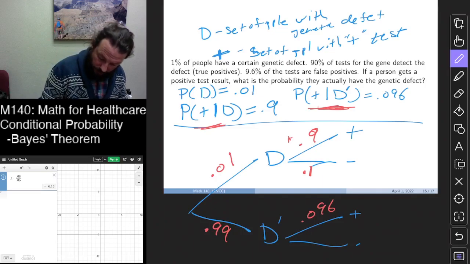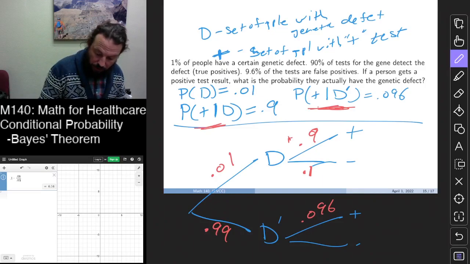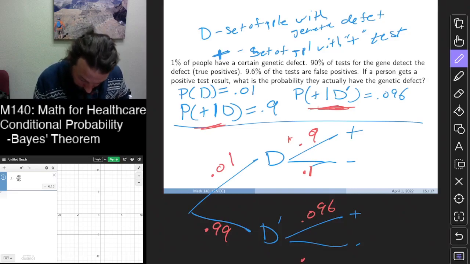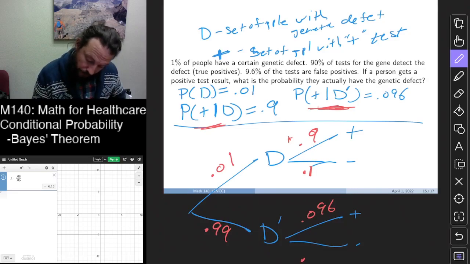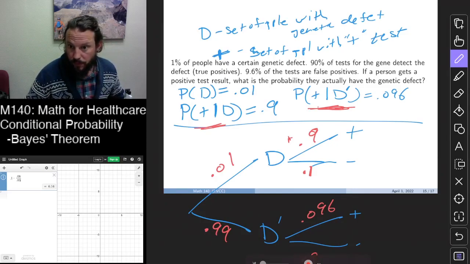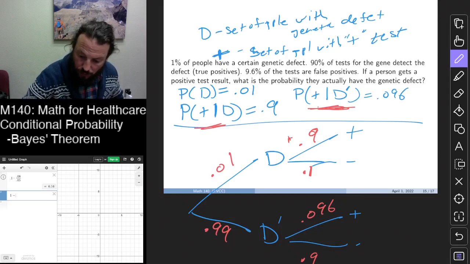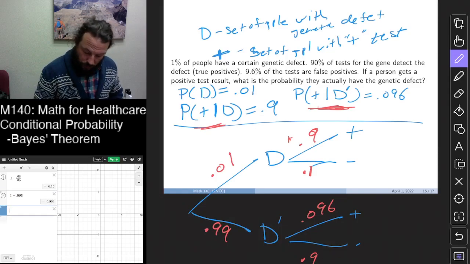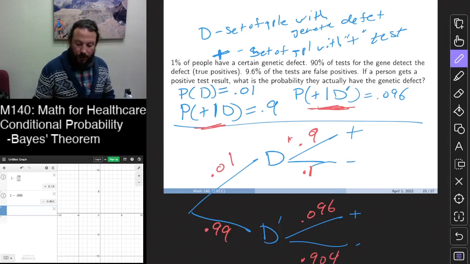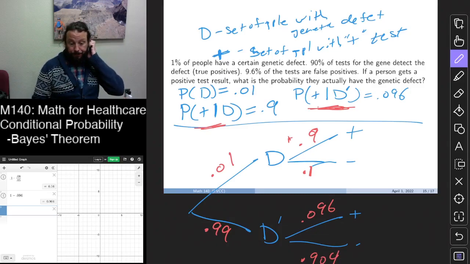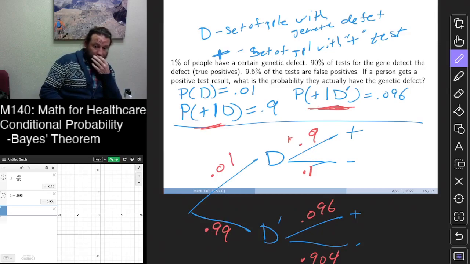And then 1 minus 0.096 is going to be 0.904. All right. Now, there's our tree diagram.